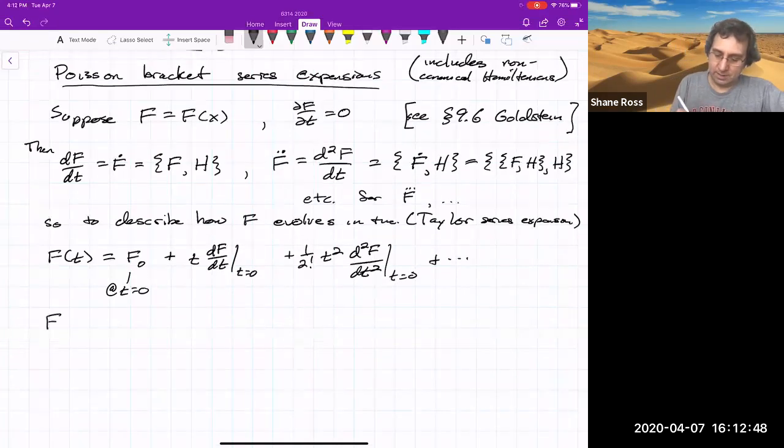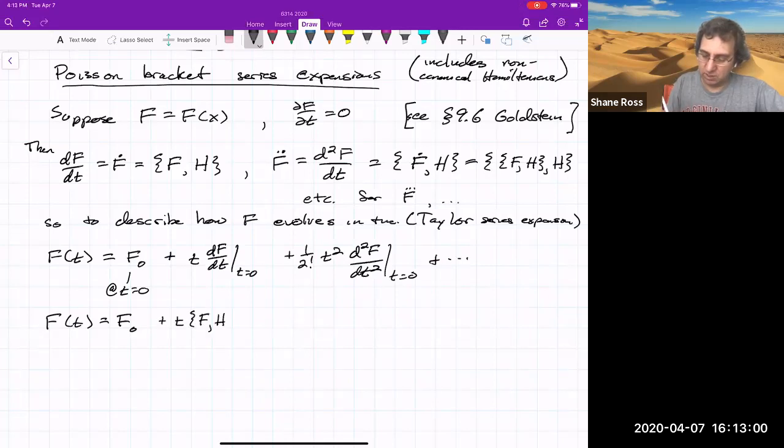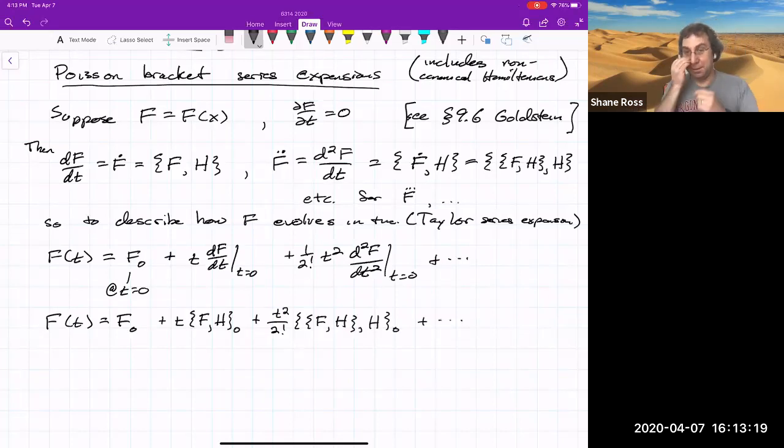So f at time t is whatever f is at time 0, plus t times the Poisson bracket of f with h evaluated at time 0, plus t squared over 2 factorial times the Poisson bracket of f with h with h. So you get these embedded Poisson brackets evaluated at 0, plus, and then the next one would have a Poisson bracket of a Poisson bracket of a Poisson bracket.